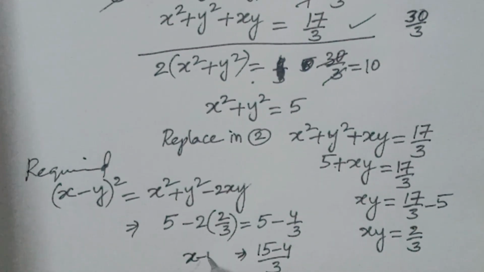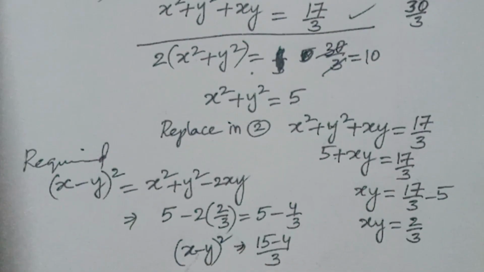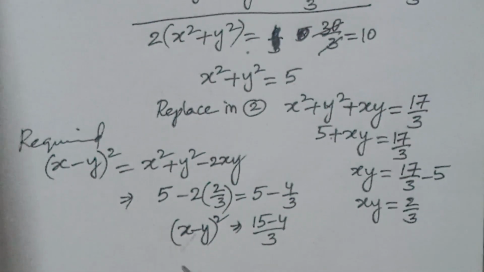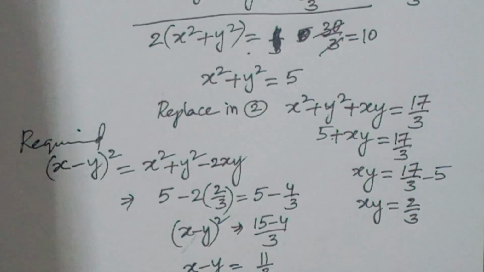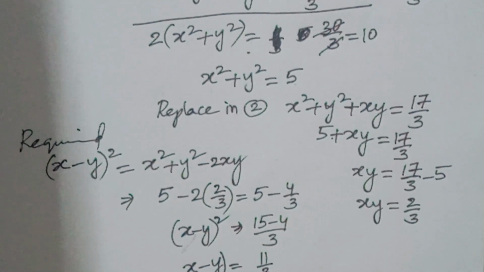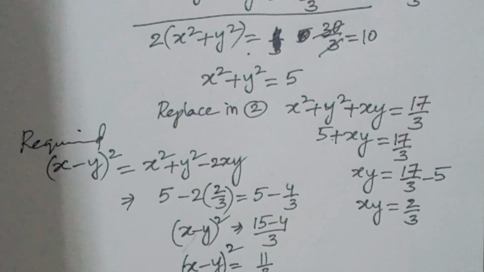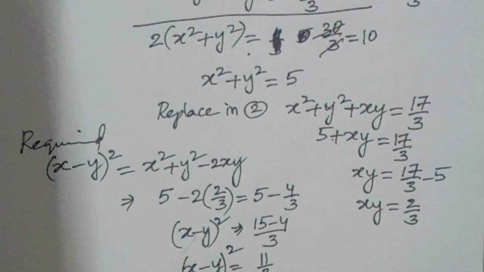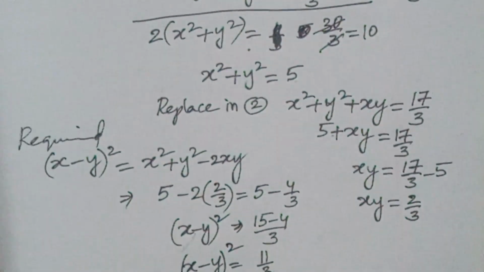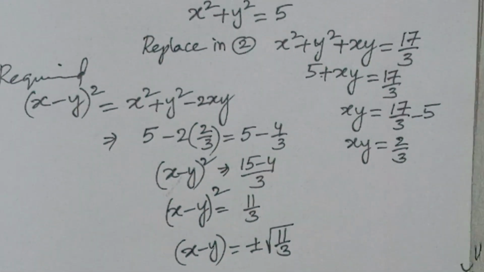So (x minus y) whole square we are getting is 11 by 3. So x minus y is equal to plus or minus root of 11 by 3. So this is one method.